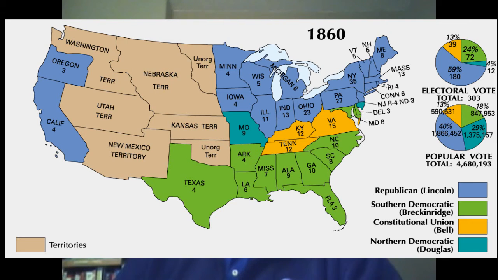John Breckinridge got 72 votes, because remember, he's going to get all of the southern states. John Bell is going to get 39 votes, and Stephen Douglas is only going to get 12. And so because the North was so unified behind the Republicans, this creates a win for Abraham Lincoln, but it is the final straw for the South before we start the Civil War.